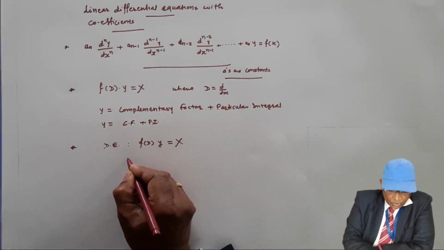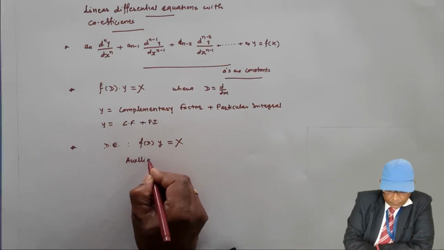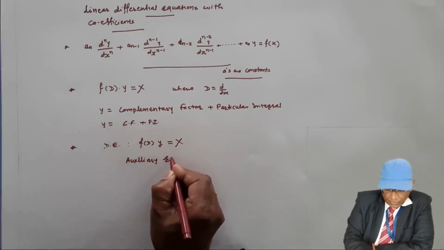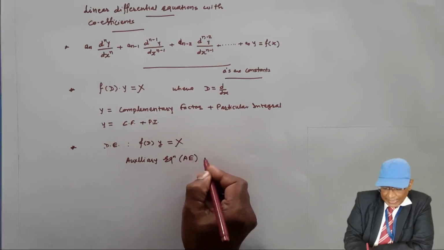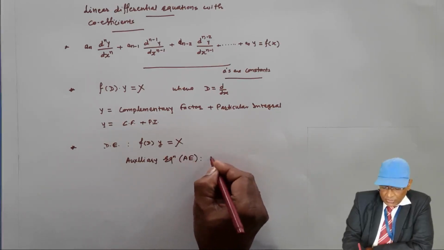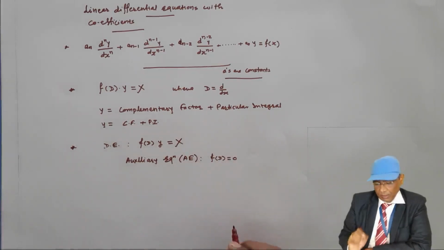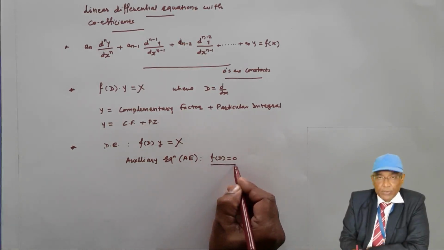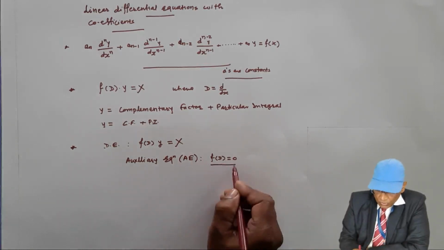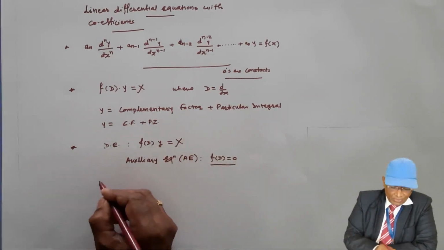The auxiliary equation, in short AE, is f(m) equal to 0. On the basis of the roots of the auxiliary equation, you can write the complementary factor.